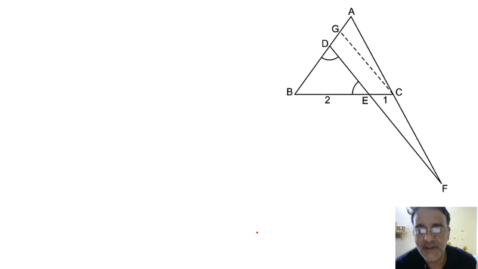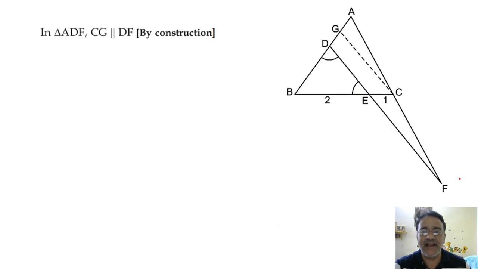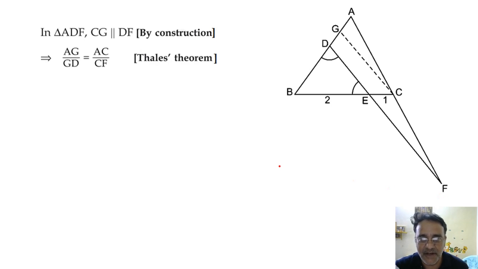ध्यान से देखो. We are going to take first in triangle ADF. फिर से देखो ADF. CG is parallel to DF by construction. So again we are using Thales theorem, basic proportionality theorem. AG upon GD is equal to AC upon CF.